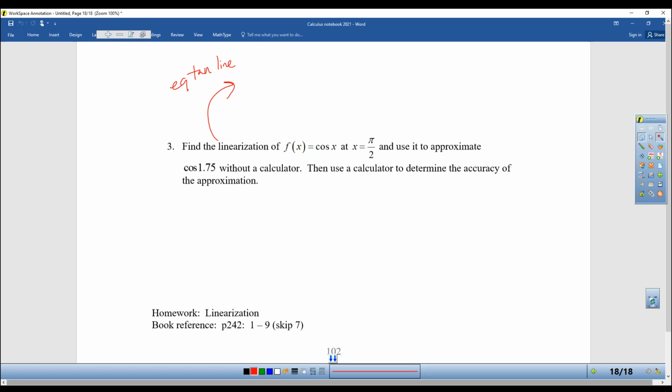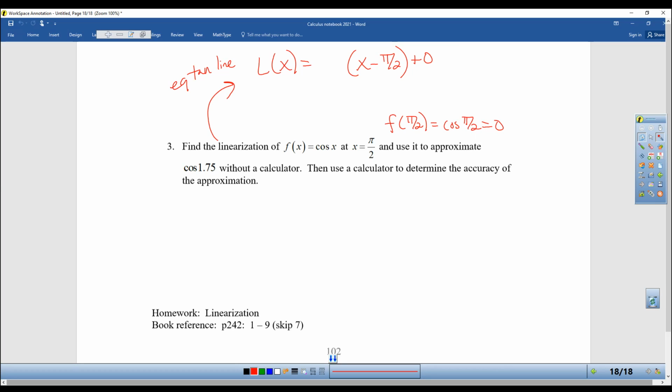Like I said, this is not really a new topic. Ours is going to be the linearization is, so I need the slope and the point. I've already got the x value of the point, pi halves. So I'm using the y equation to find it. So f of pi halves is cosine of pi halves, which is 0.